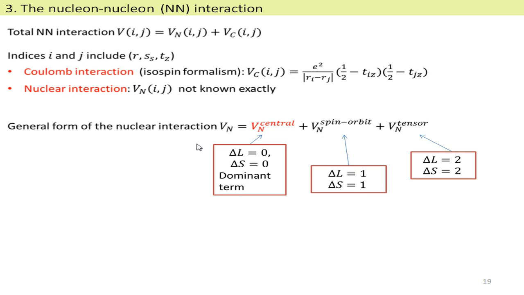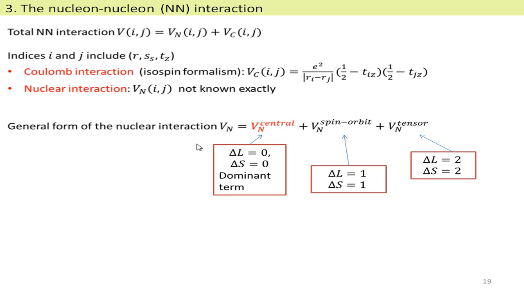The only way to have Coulomb force different from 0 is to have -1/2 here, -1/2 there, which means that you have two protons, as you expect. And so the Coulomb part is well known, and the nuclear interaction is not known exactly.